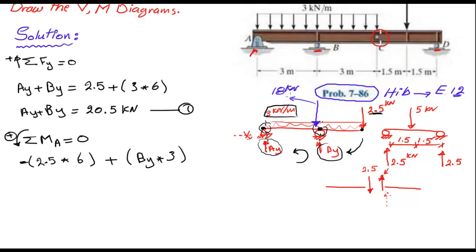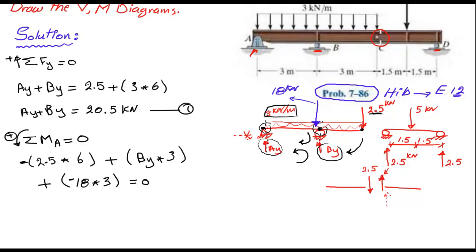Again, a plus sign for the summation, and we open parentheses: 18 multiplied by 3. The rotation is a negative sign, and that should equal 0.